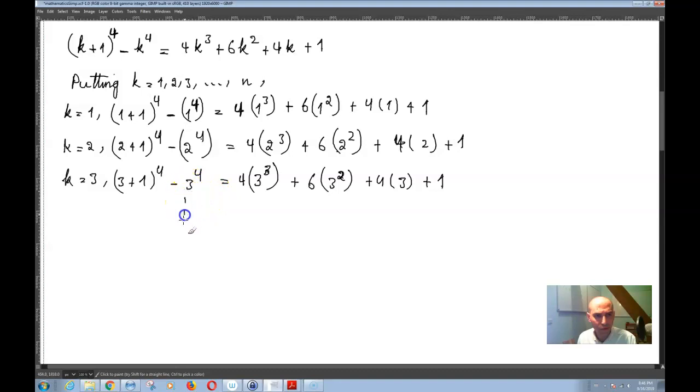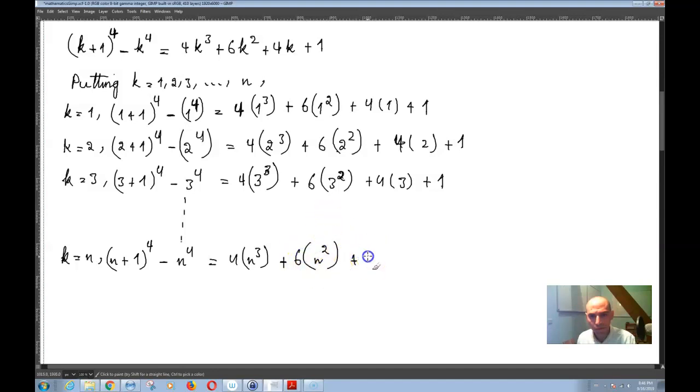I can just keep going all the way up to K equal to n, where I would get n plus 1 all raised to the power 4 minus n raised to the power 4 is equal to 4 times n raised to the power 3 plus 6 times n raised to the power 2 plus 4 times n plus 1.